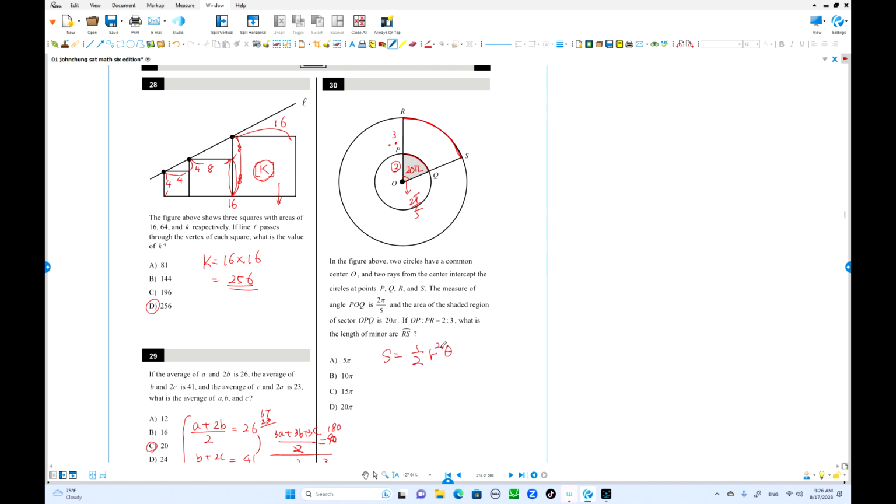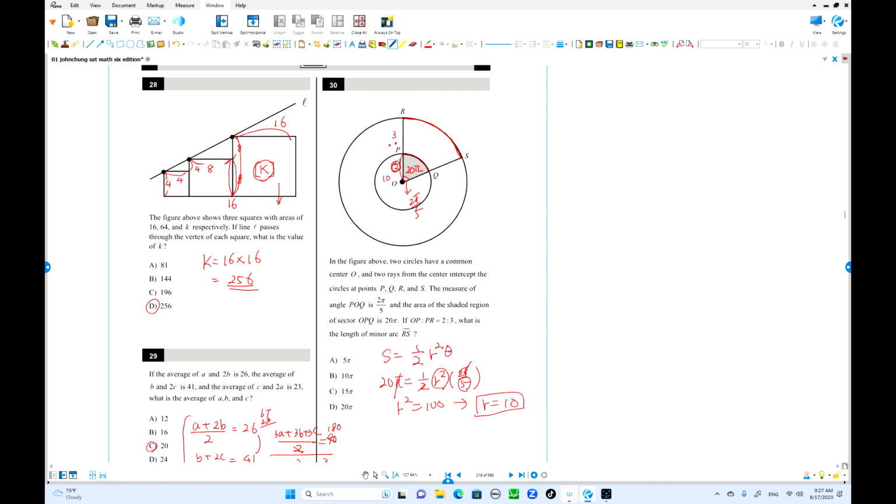So 20 pi equals 1 over 2 r squared, theta equals 2 pi over 5. When you cross out, r squared equals how much? 5 times 5 times 4 is 100. From here, r is 10. This is 10 over here.